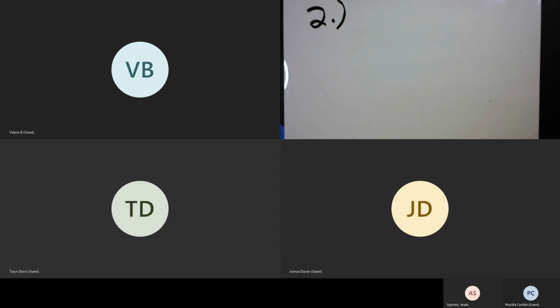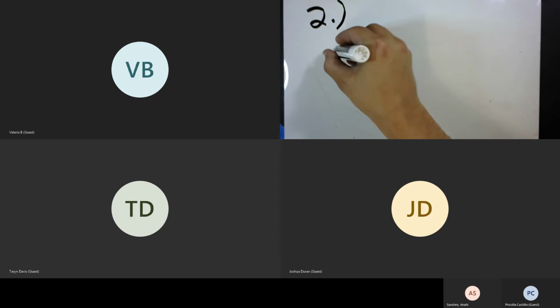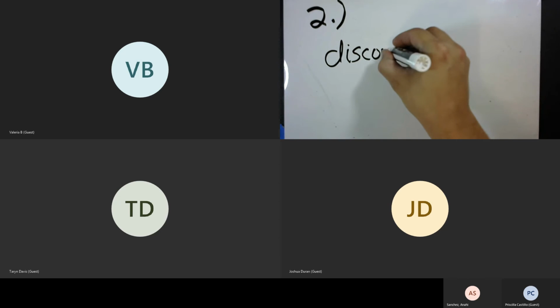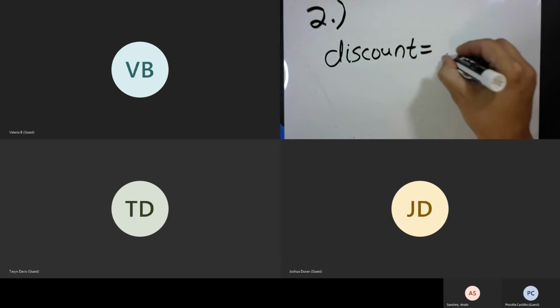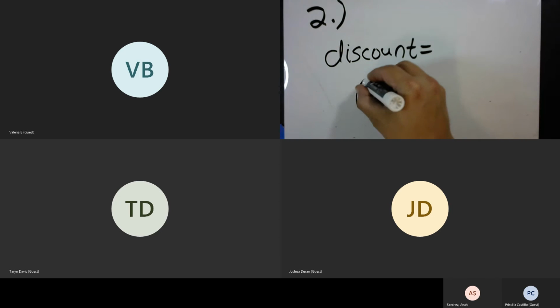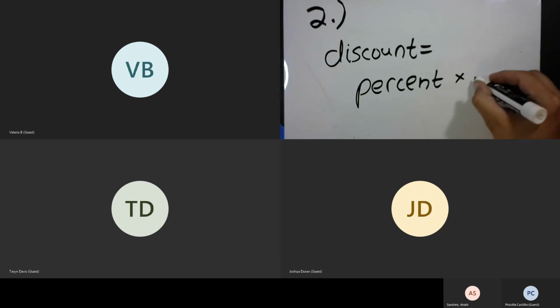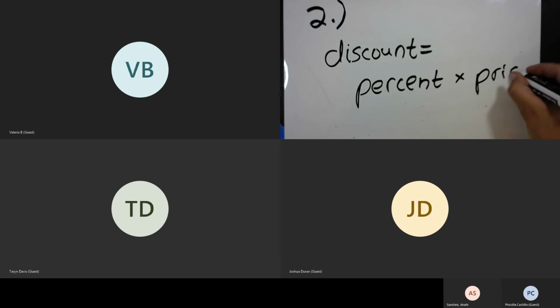But when we compute a sale price or the amount of a discount, the discount is the percent times the price. That's the amount of the discount.